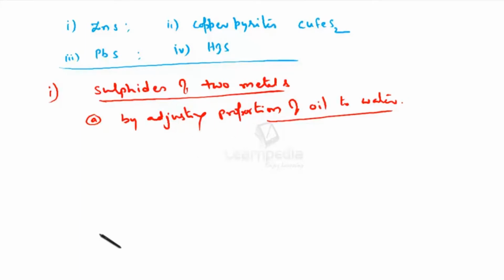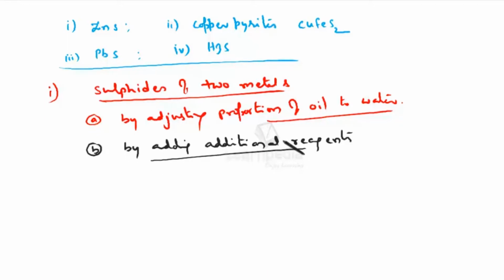The other method is that additional reagents, called depressants, are added to prevent one type of sulphide ore particles from forming the froth with air bubbles. What is the role of these depressants?